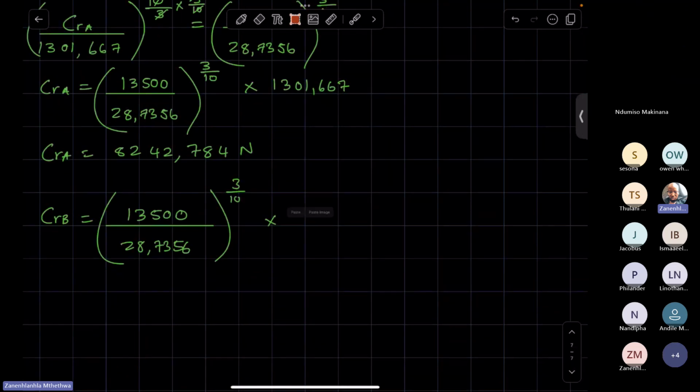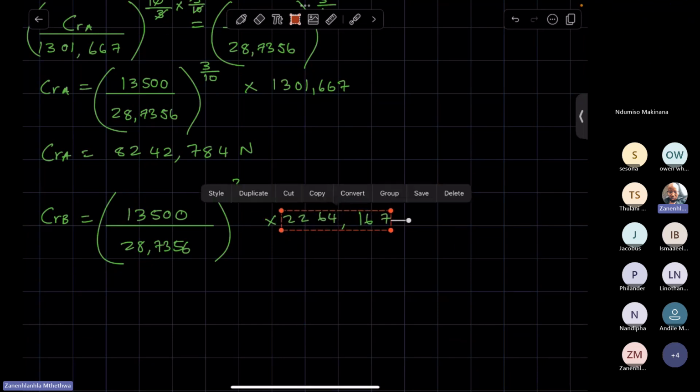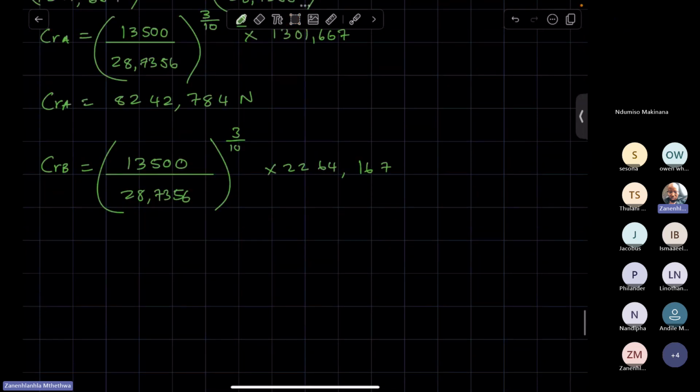And now you simply calculate, and then you will get CR for bearing B. So here I get 14,337, say 8 newtons, because it's actually 7996.